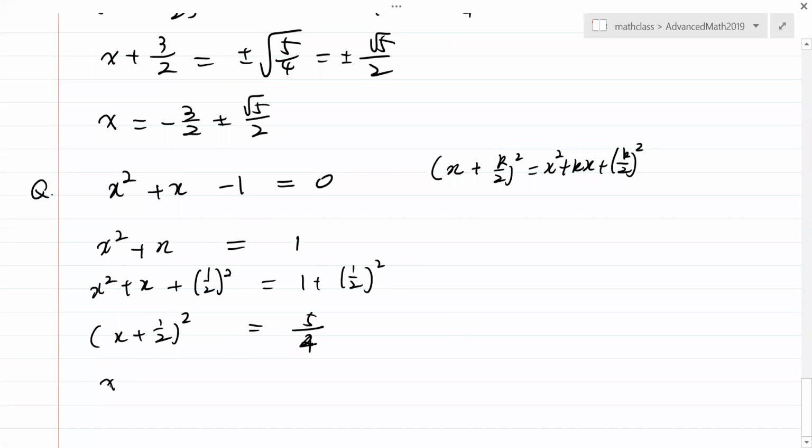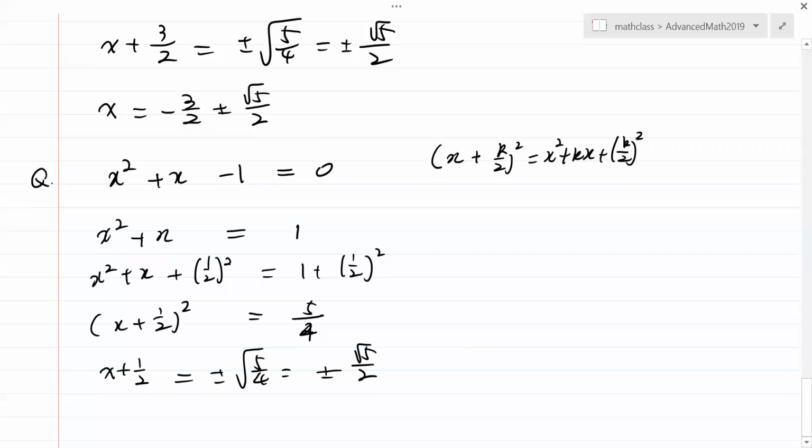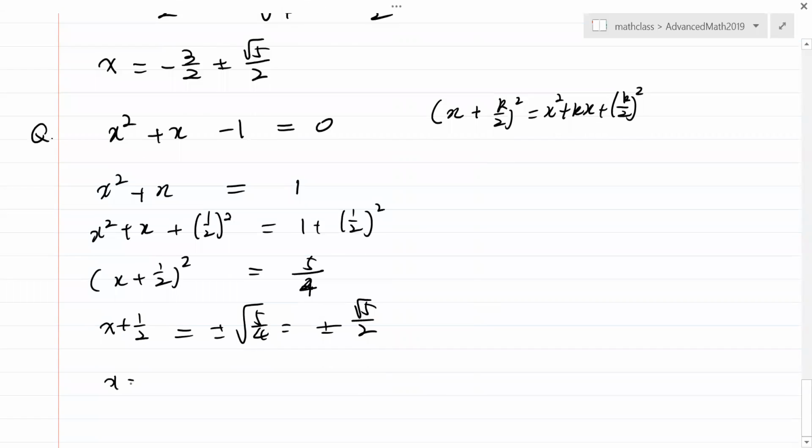And then x plus 1/2 equals plus or minus the square root of 5/4, which is plus or minus square root of 5 over 2. It's very similar to the above problems. And x equals negative 1/2 plus or minus square root of 5 over 2. So you do get two strange numbers, and they satisfy the above quadratic equation.